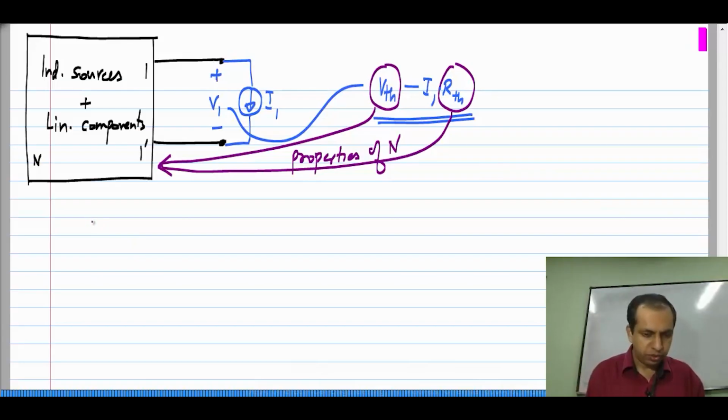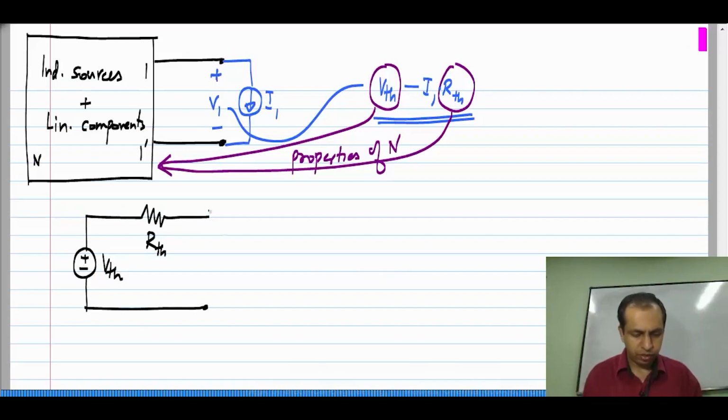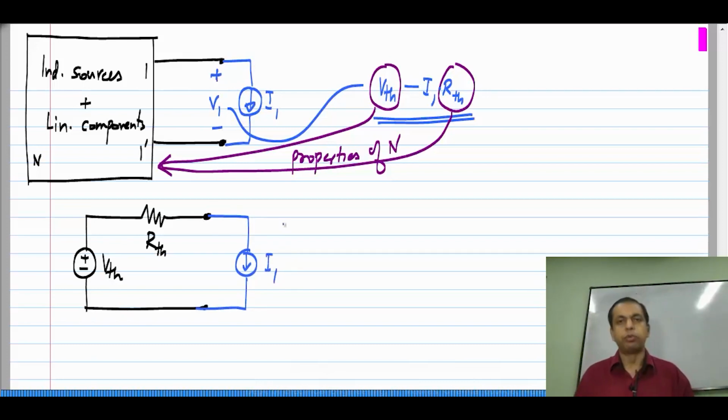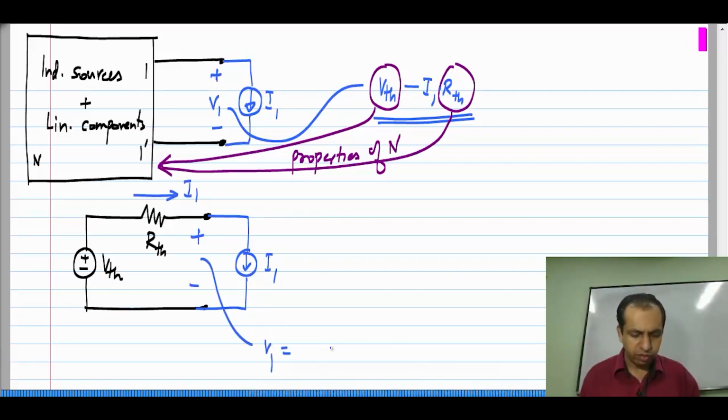If I have a voltage source V t h and a resistance of value R t h, and let us say I connect this current source I 1, which by the way represents whatever circuit I connect to my original circuit. Clearly, the current flowing here is I 1 and the voltage here is V 1 equals V t h minus I 1 times R t h.